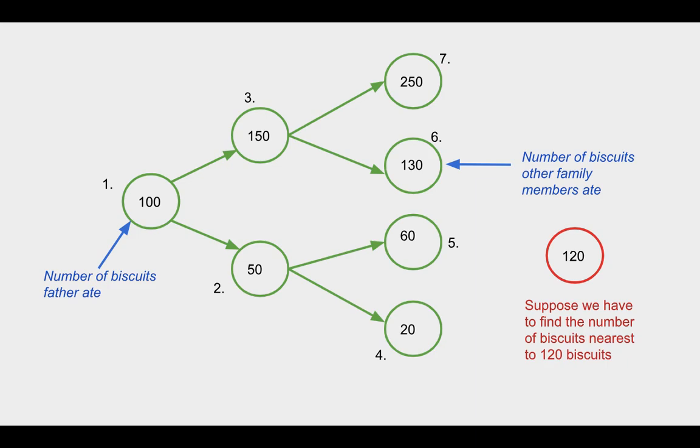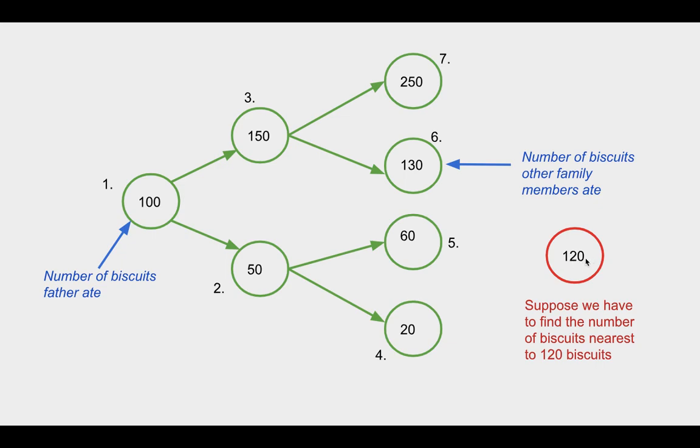But now what we have to do in this question is, there is another family member who says that I ate 120 biscuits. So we have to find the number of biscuits which is nearest to this 120.